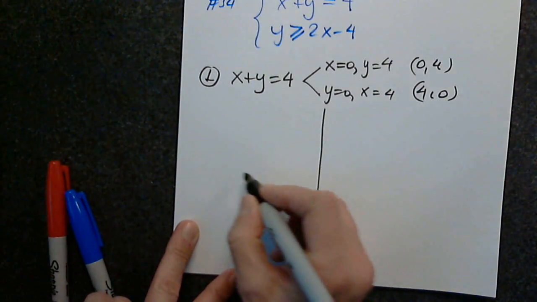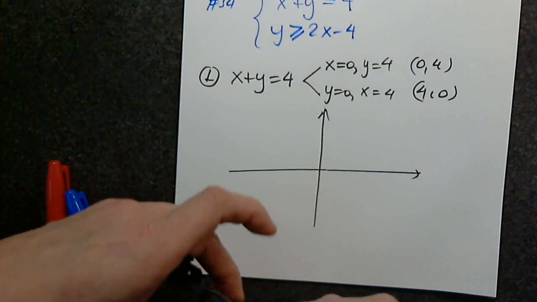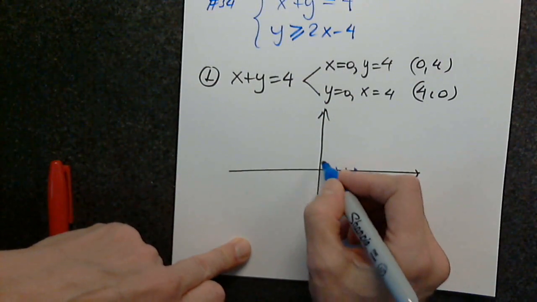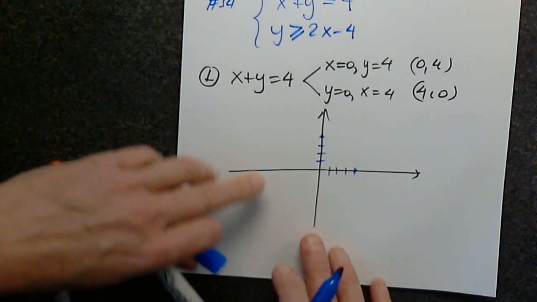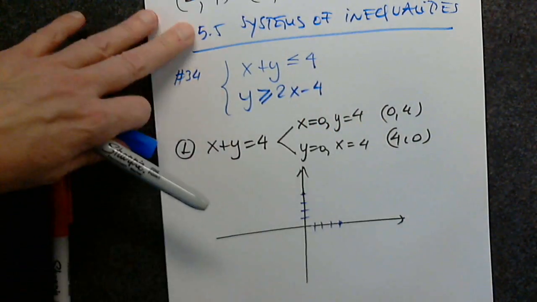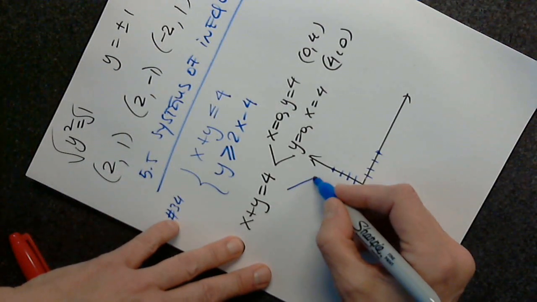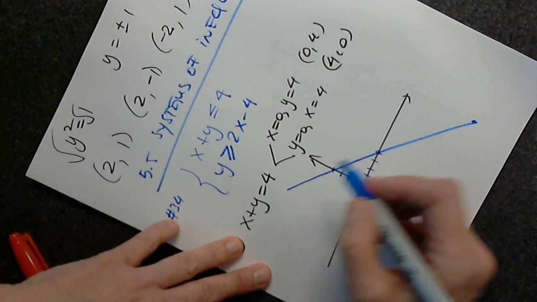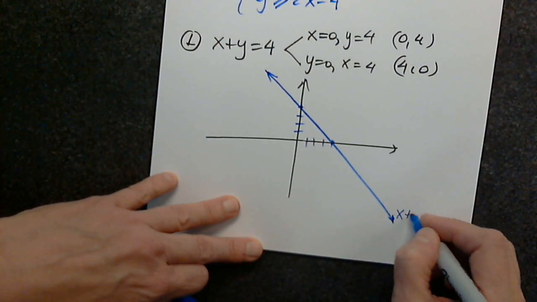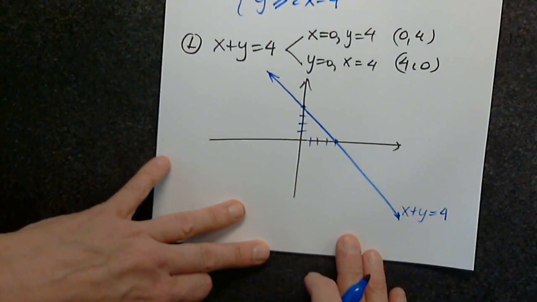So let's graph the equation first. 4, 0, and 0, 4. Because the inequality symbol has the equal symbol, I will graph the line as a solid line. Otherwise, it would have been a dashed line. So this is x plus y equals 4.